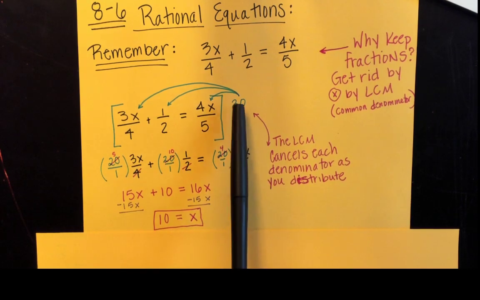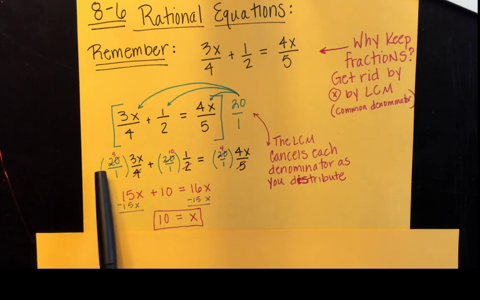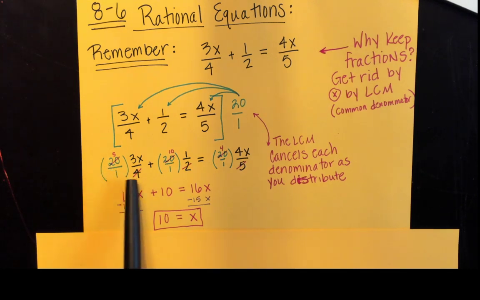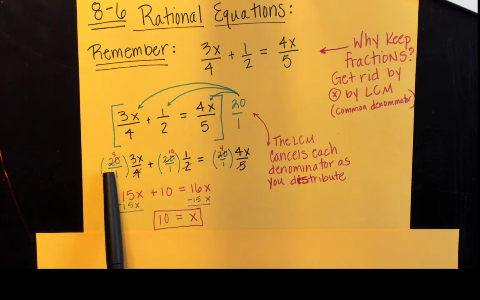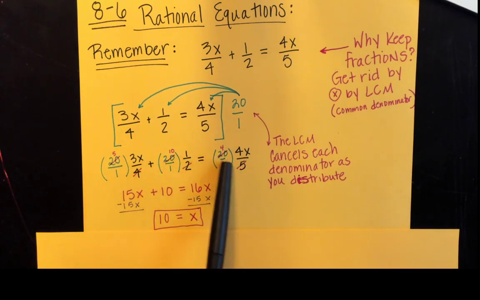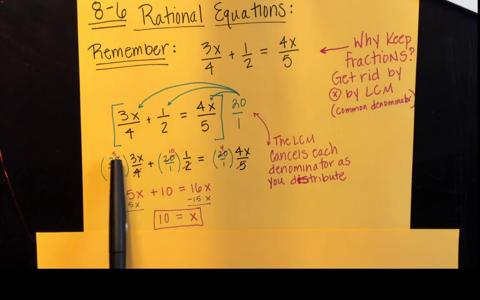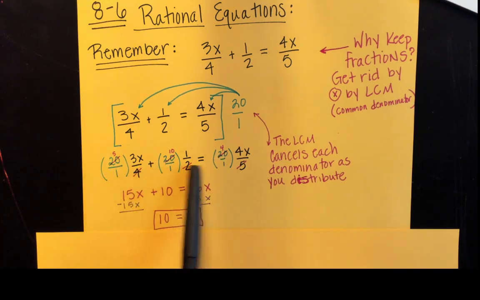If I distributed the 20 to each of these fractions, I'm able to cancel the 4 in the denominator with the 20 here, leaving just 5. I'm able to cancel the 20 with the 2 here, leaving 10, and the 20 with the 5, leaving 4. And then I'm just going to multiply what's left. So the denominators are all gone.